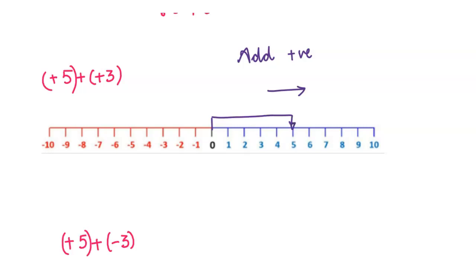We are standing here and we have to take 3 steps in the right direction. So 1 step, 2 steps, 3 steps. So we reach the point positive 8. So the answer is positive 8.